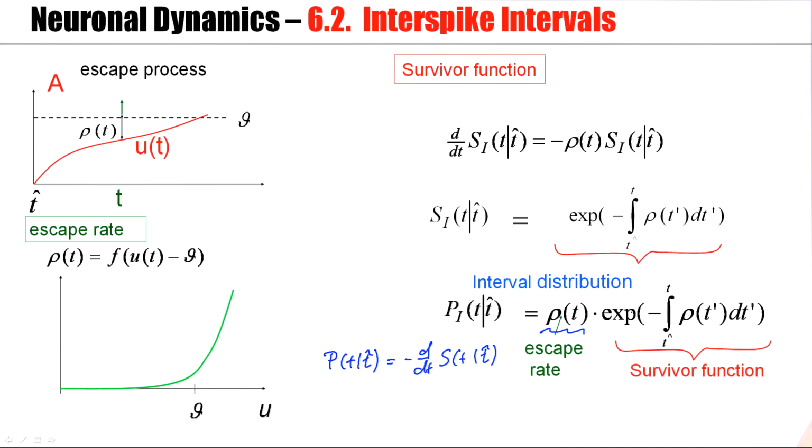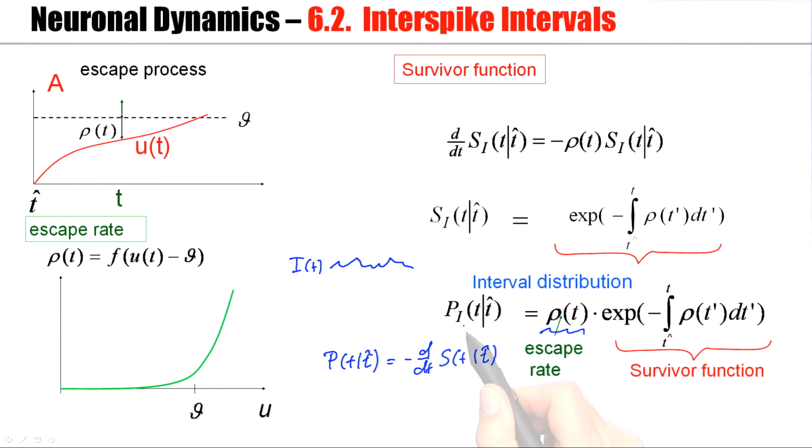Now this is a time-dependent interval distribution. As I explained on an earlier slide, we give some time-dependent input, some fluctuating input, a deterministic, a known signal. We give this in here.